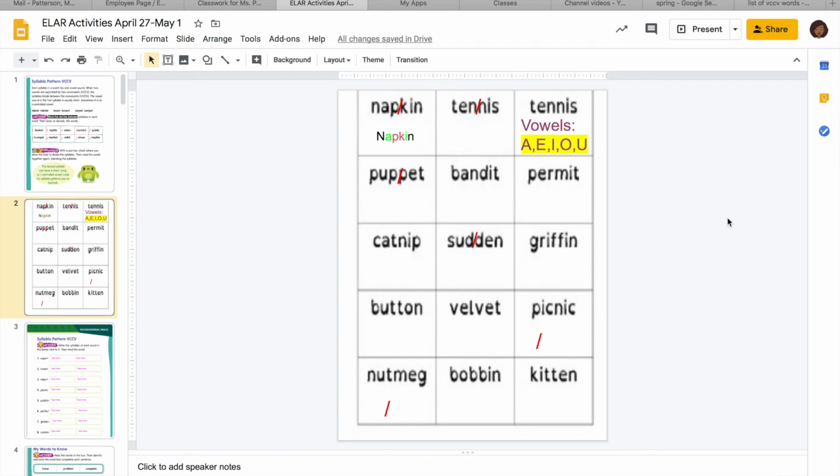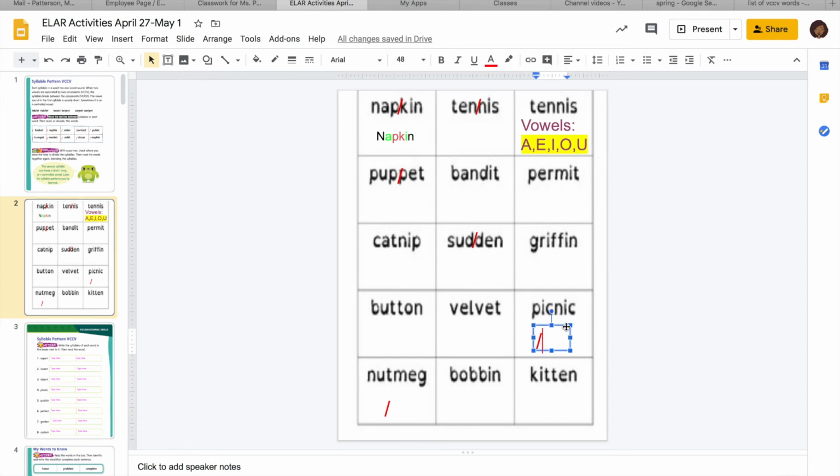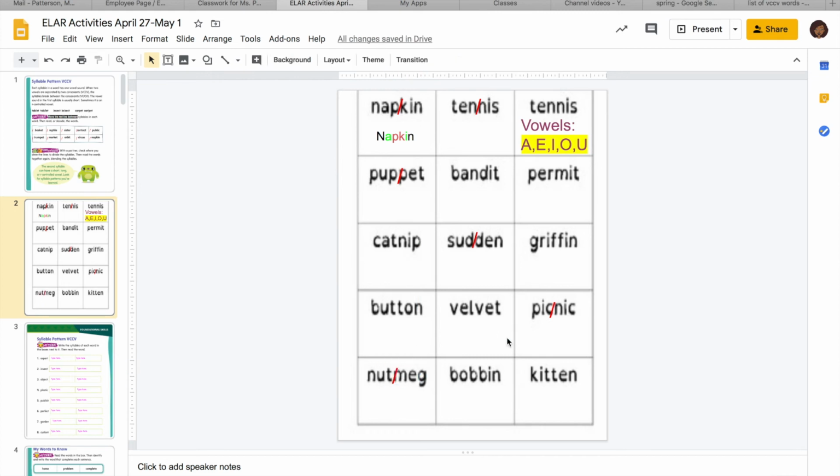Picnic. It would go between our C and our N. And last one, nutmeg. It would go between the T and the M. Great job. I hope you were able to get the same answers as me.